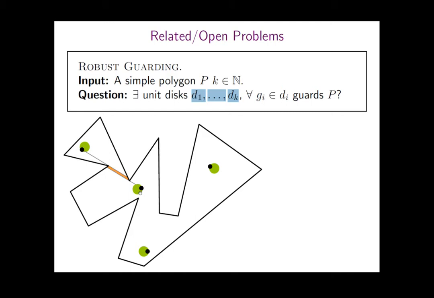The guards will not stick to their positions all the time; they move around a little bit. Maybe we have cameras which take up space, and we cannot have full control of where they are placed. So we want a solution which is robust to this, meaning even if there is some slight perturbation in the real world, it's still a good covering. That might be a different notion of robustness we could ask for.